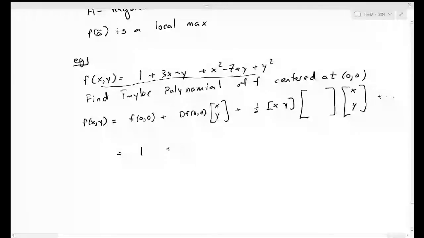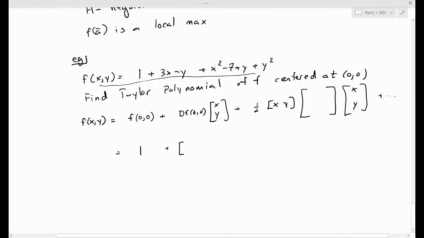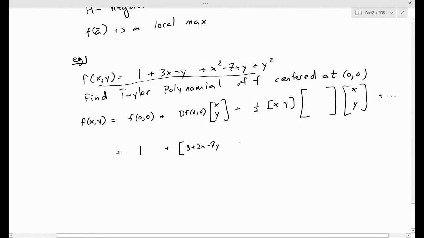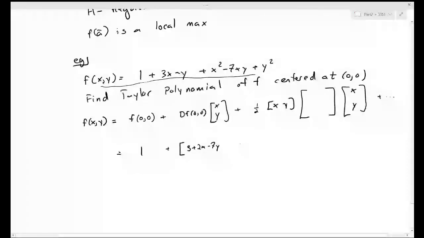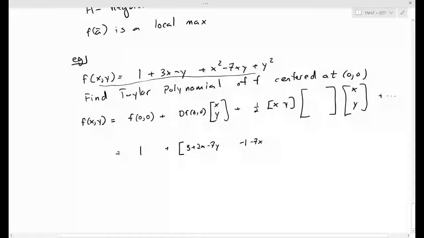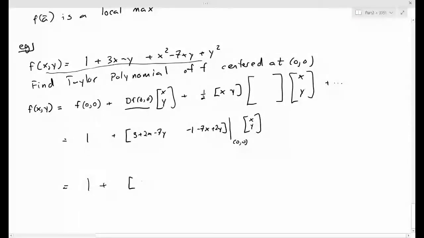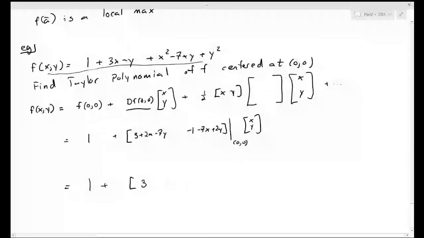Well, it's the matrix of partial derivatives, the derivative with respect to x, and then partial of f with respect to y. That's going to be evaluated at the origin times xy. So at 0, 0, this will be 3 minus 1 times xy.